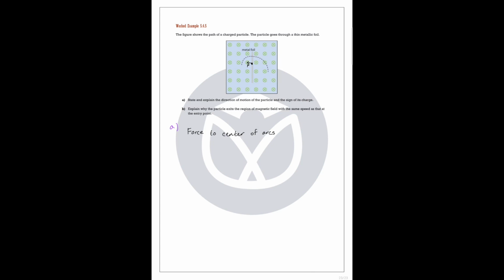Therefore, the direction of motion is counterclockwise. So if current is going upwards, due to what we have established using the left-hand rule, we can then see that the sign of the charge is positive.